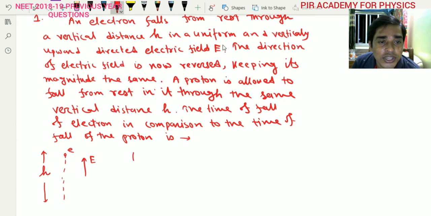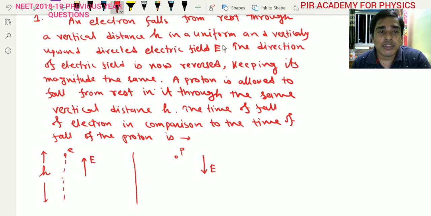This is condition number 1. Now condition number 2 is that the direction of the electric field is now reversed, so here the electric field is along this direction, keeping the magnitude same, and a proton is allowed to fall the same distance. Suppose the height is h.